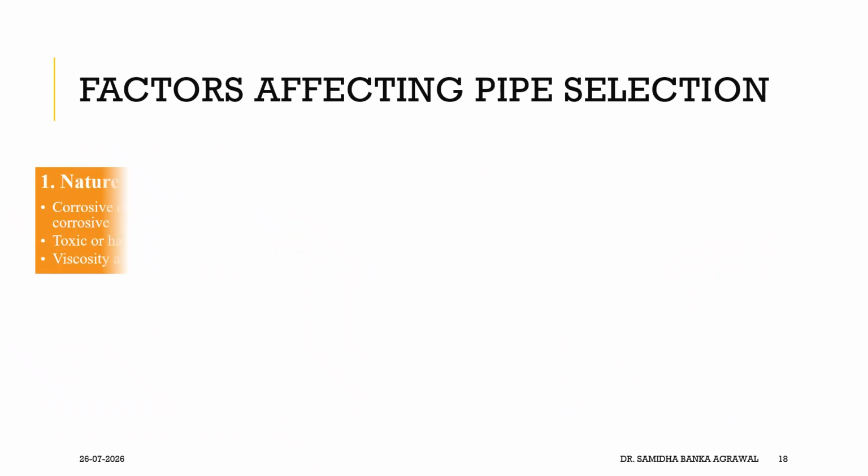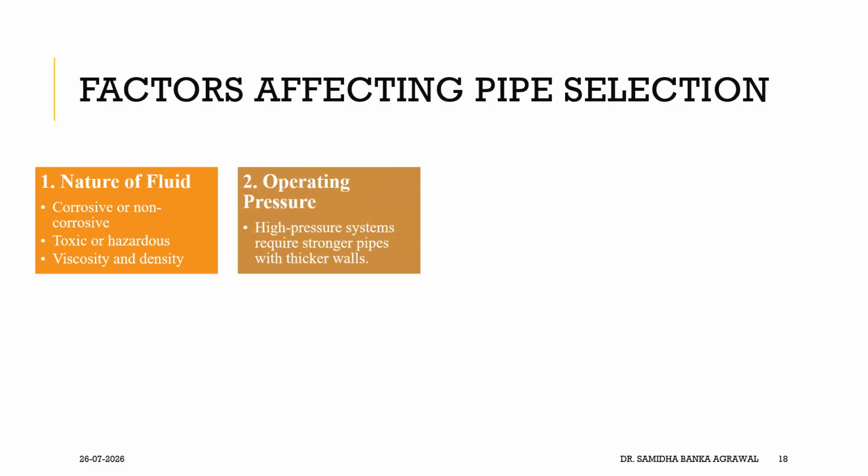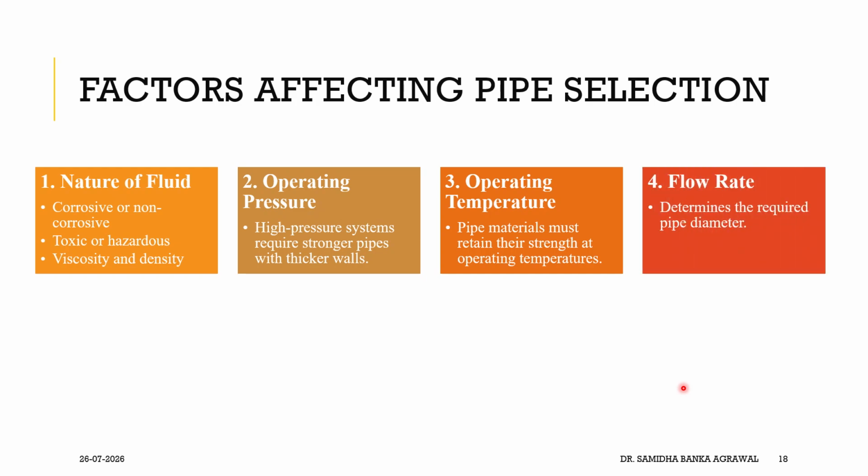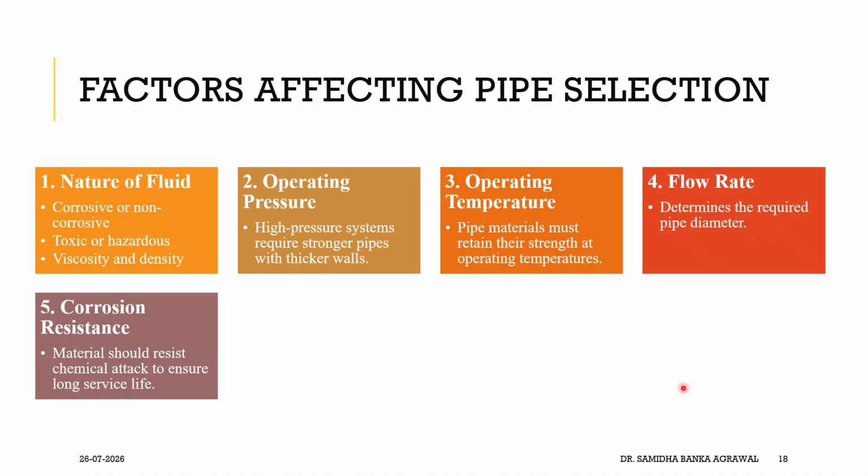Now, what are the factors affecting pipe selection? The nature of the fluid, whether it is corrosive, non-corrosive, toxic, hazardous, or non-toxic; viscosity and density also play a role. Then operating pressure: high pressure systems require stronger pipes with thicker walls. Operating temperature: pipe materials must retain their strength at the operating temperature. It also determines the required pipe diameter.